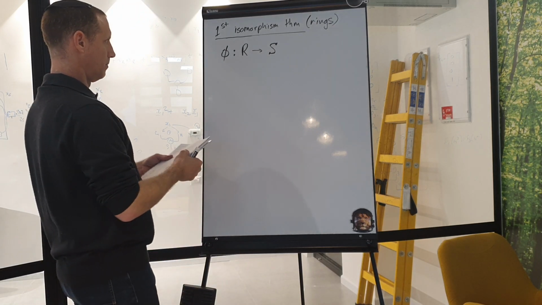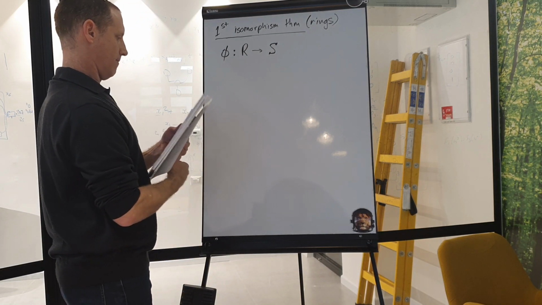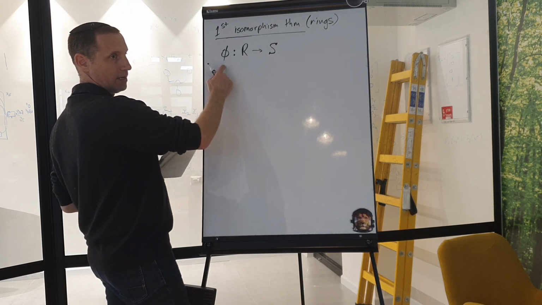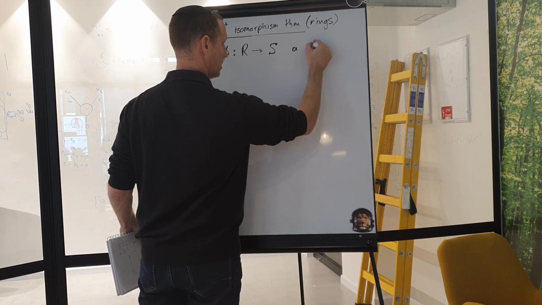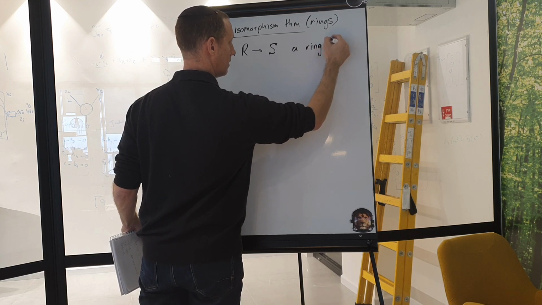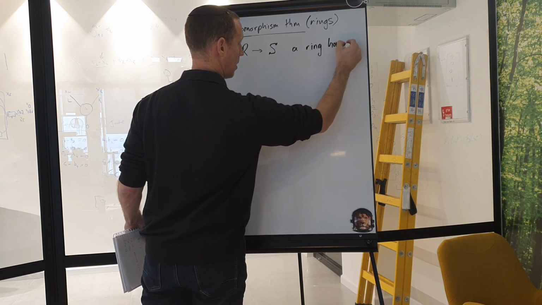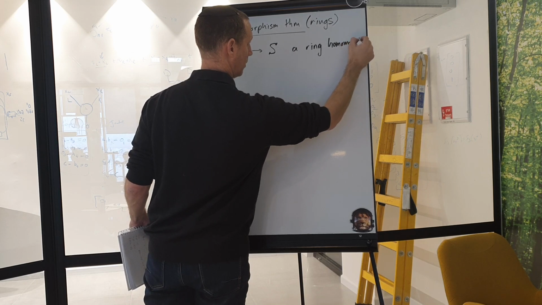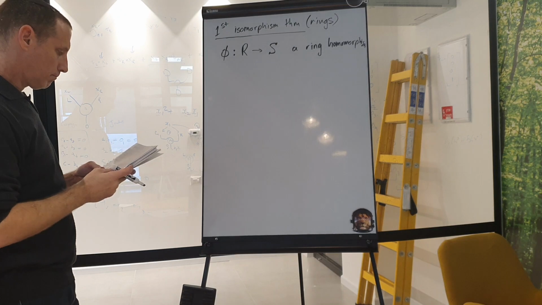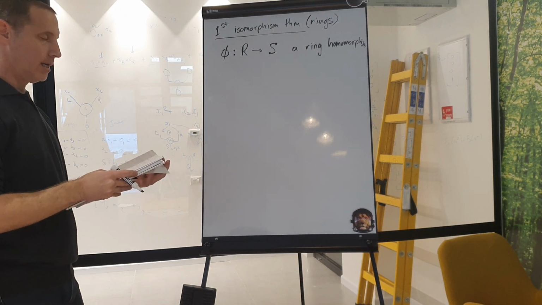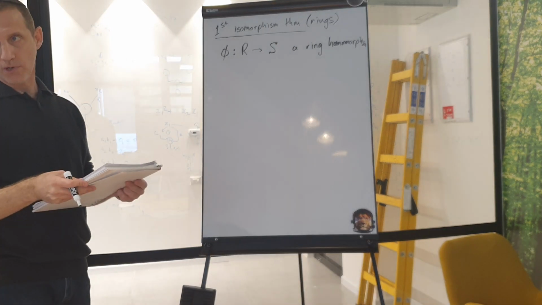What do we have? So we've got this phi, and this is a ring homomorphism, okay, what we just defined. We start with that, and we said again, this preserves the structure.